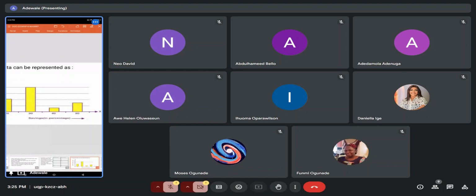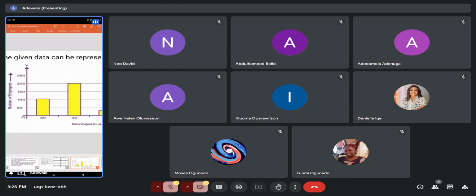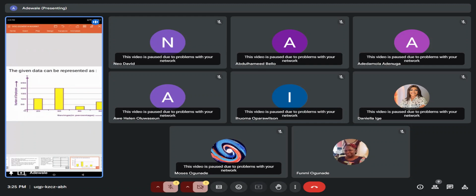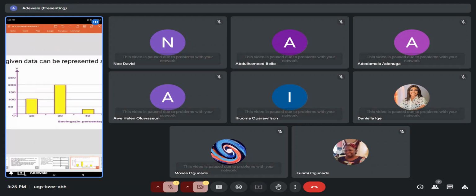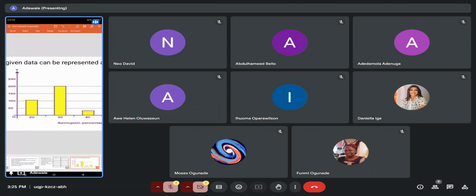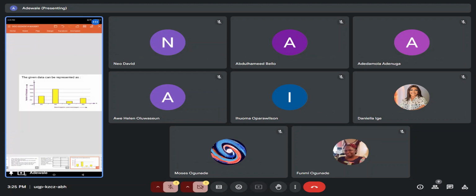So the highest percentage is 30%. 199 people saved 30%. So the frequency is highest at 30% because it has the longest bar. Can you see?